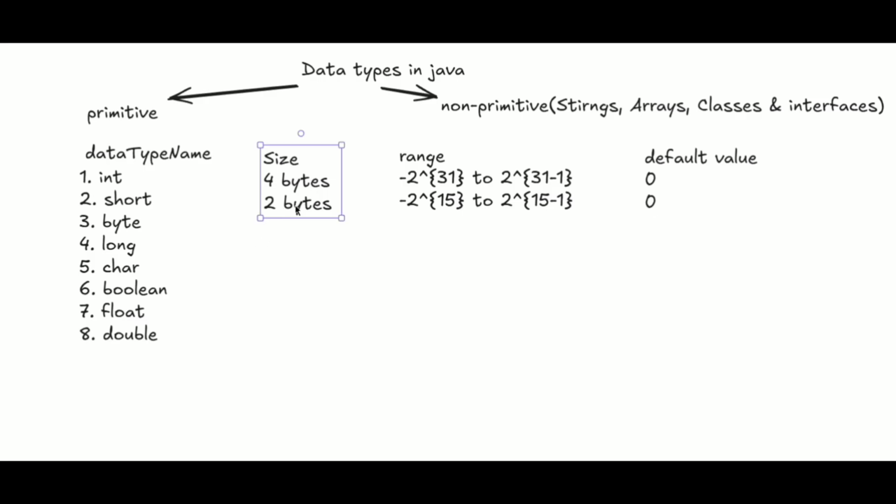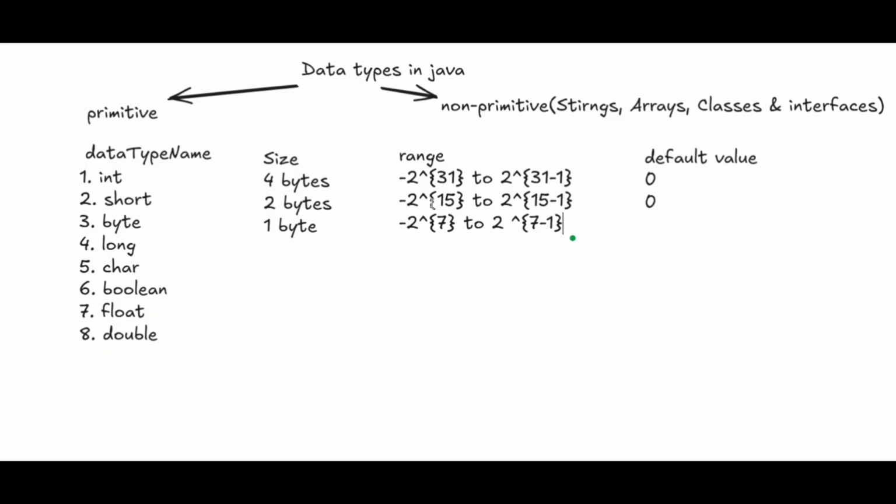And the size of byte is 1 byte, and the range is from -2 to the power of 7 to 2 to the power of 7 minus 1.